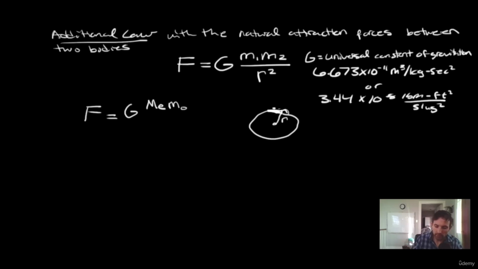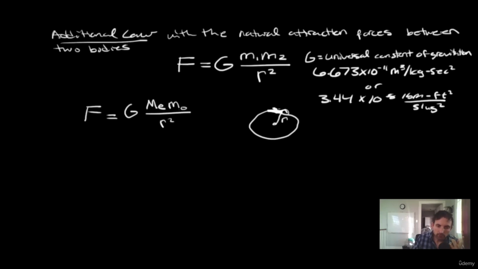What is the accelerational pull toward the center of the Earth on that object? It's not necessarily the weight, but that gravitational pull. So we've got the small object on the surface of the Earth, and the Earth itself: the mass of the Earth, the mass of the object, which is basically insignificant, over the radial distance of the Earth squared.